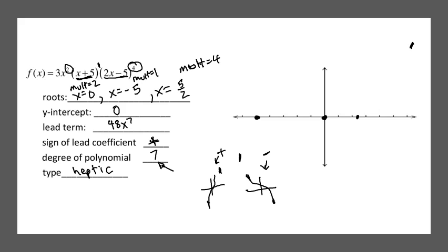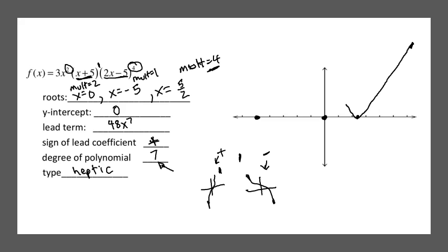So now let's look at the multiplicities. For 5 halves, it has a multiplicity of 4, which is even. Even multiplicities cause the polynomial to basically bounce at that point. So if I were to connect it, it's going to go here, and it's going to bounce.